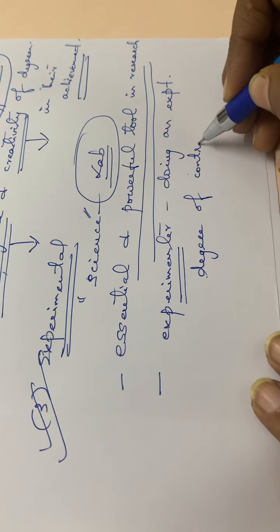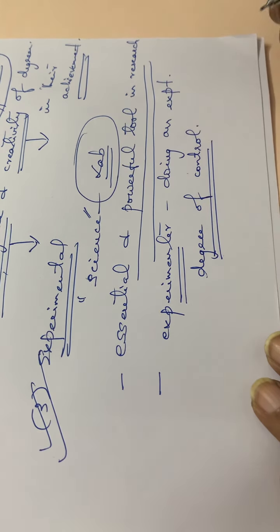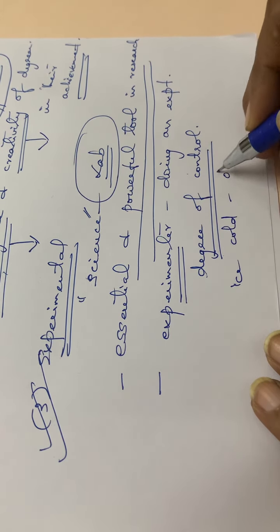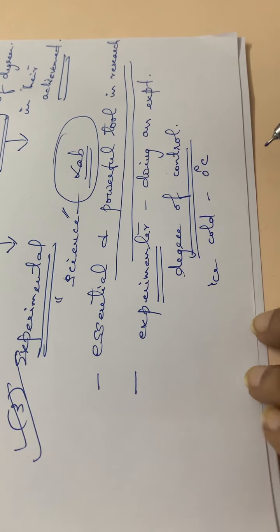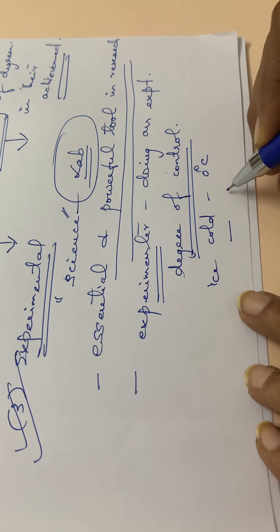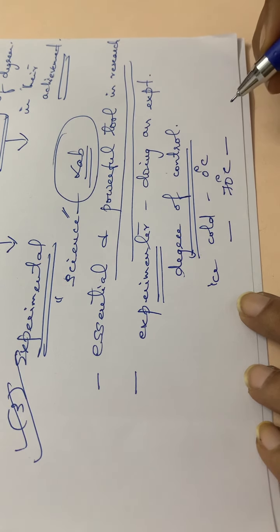For example, in our lab, while we are doing chemistry experiments, we will be maintaining some conditions. Sometimes the solution is ice cold, isn't it? Sometimes the temperature is maintained at 0 degrees Celsius. And sometimes the solution will be heated to say 70 degrees Celsius, isn't it?